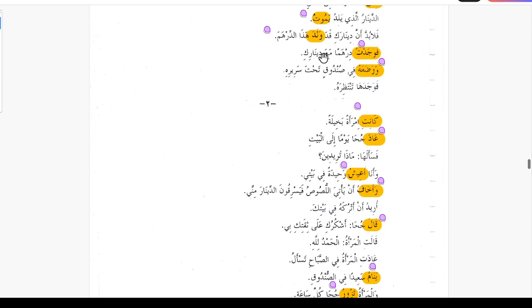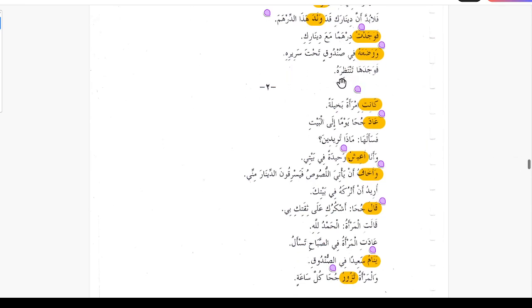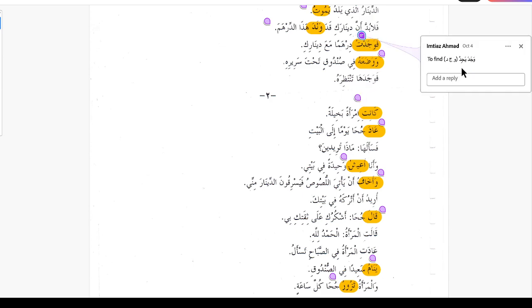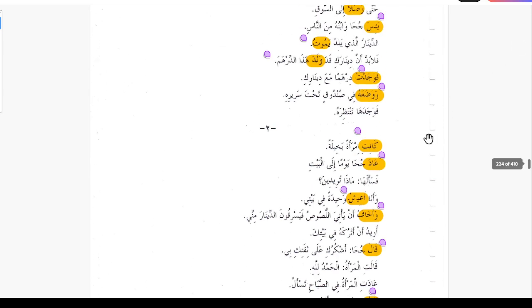In the story we'll see he put the dinar in the box under the bed. Fawajadaha tantazirahu, with the same verb wajada. He found her waiting for him. Wajada yajidu, and the root letters are waw, jim and dal. So this is one group of examples.